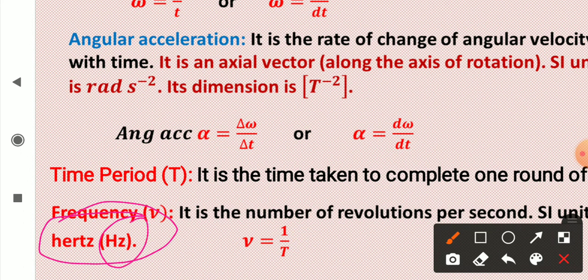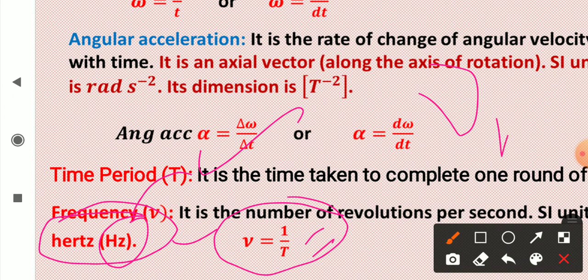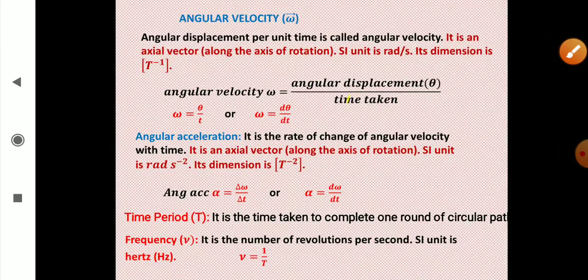Symbol is Hz. Relation between time period and frequency is nu is equal to 1 upon T. The symbol used for frequency is nu, read as nu. It's a Greek letter.